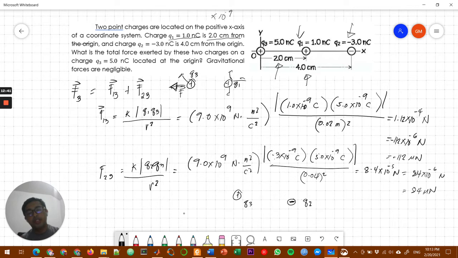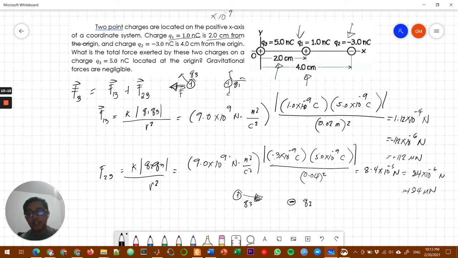So what is the force on Q3 because of Q2? Since they have opposite signs, Q3 is attracted toward it. So it feels a force directed toward the positive x direction, so this is positive. So F13 is negative 112 micronewton, and F23 is positive 84 micronewton.